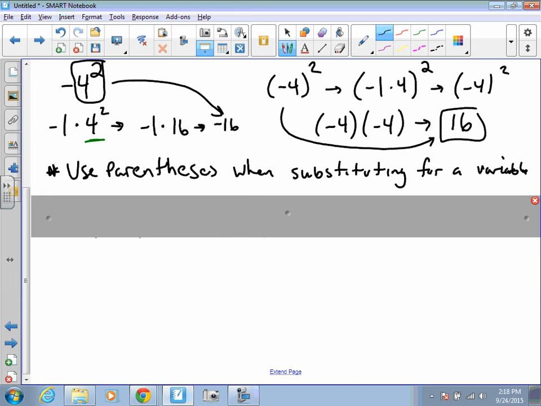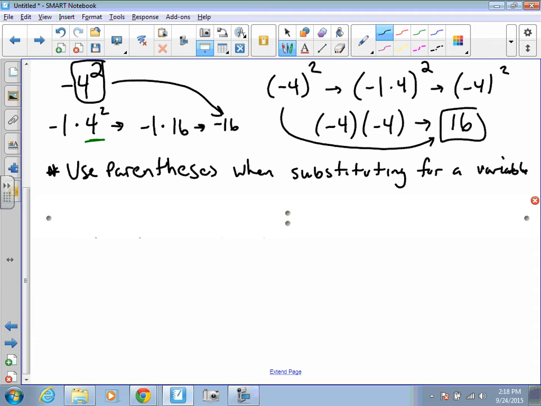If we're working with a variable and we're substituting a value in, you need to make sure you're using parentheses so we get the correct answer there. Okay, so let's actually go through and do an example of this now and see how it all works for us.